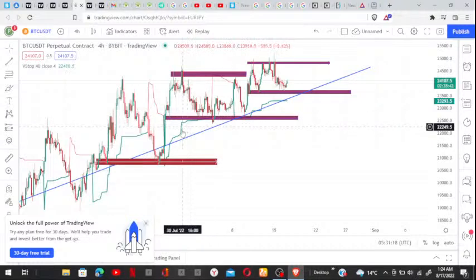So this volatility stop will also help you know when to get out of the market, or maybe when to take a buy position in the market. People use it differently. Some use it to know when to get out of the market, but some people use it to take buys or maybe take sells in the market.